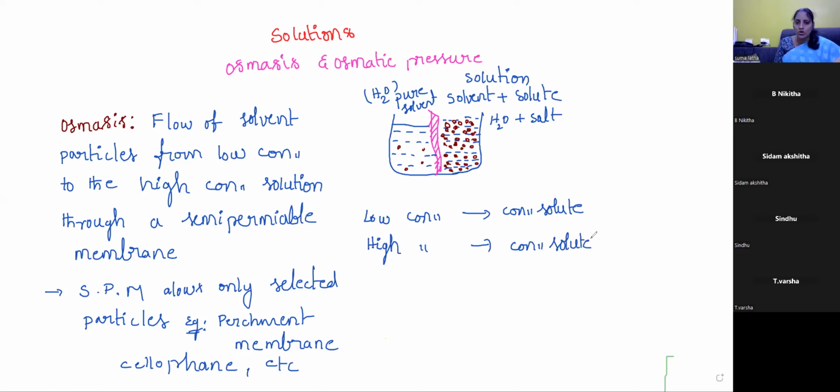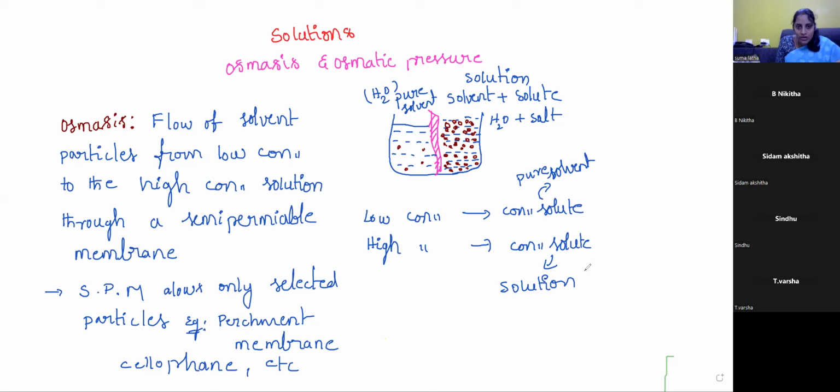Low concentration is applicable for pure solvent, and high concentration is applicable for solution. The solute particles are present in only a minute amount in the pure solvent, so that side has less concentration. That's why the solvent is going to move from low concentration to the higher concentration.